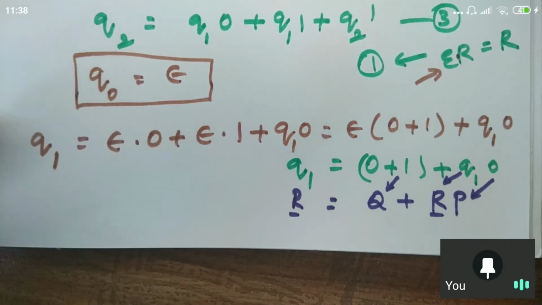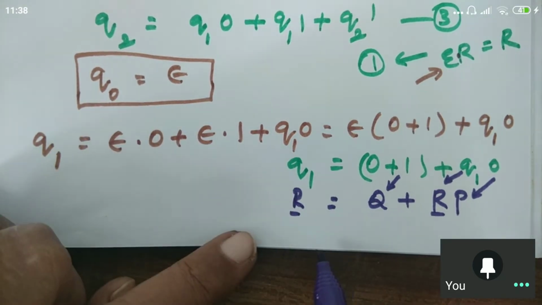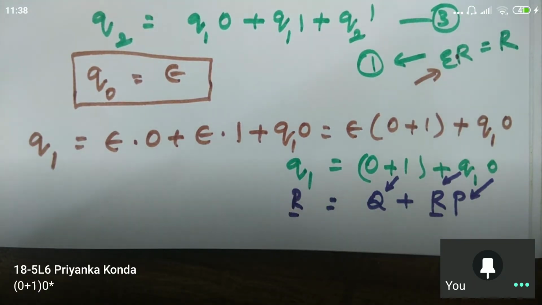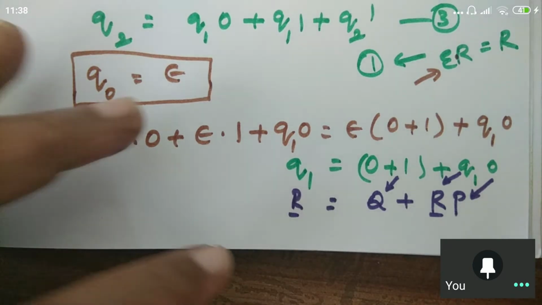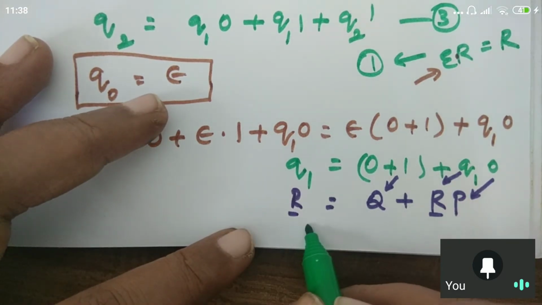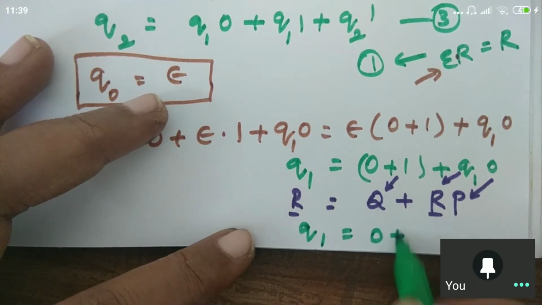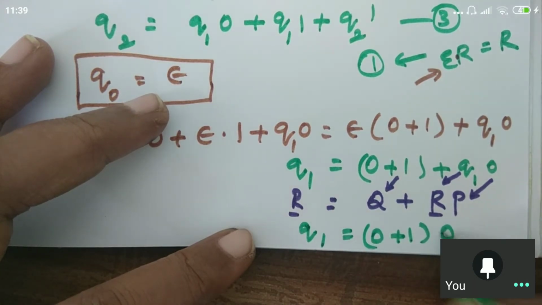Now what is the solution for this? QP star, yes. Q is 0 plus 1 and P is 0, so QP star is the solution. So I can write Q1 is equal to 0 plus 1 and 0 star.